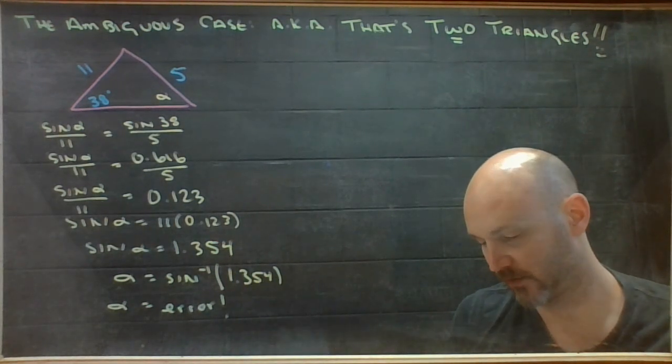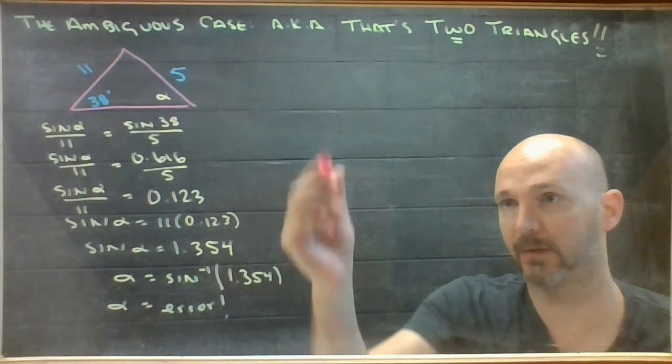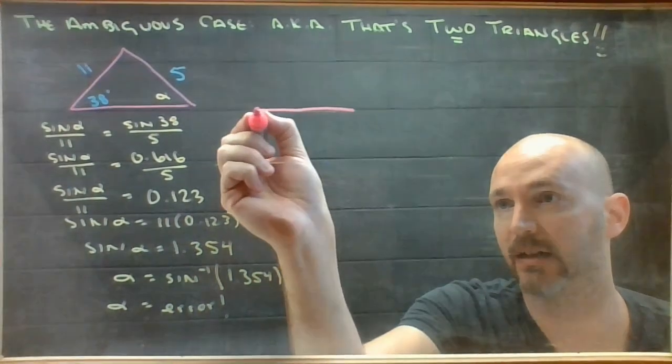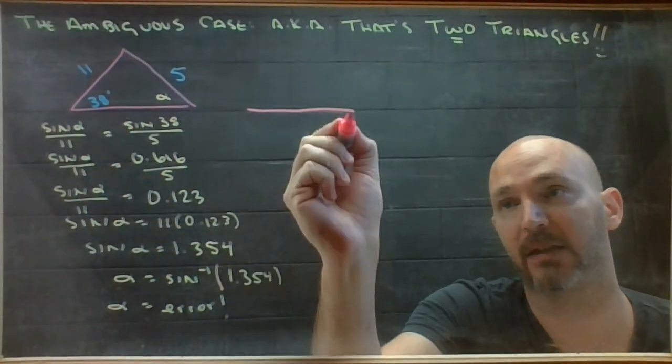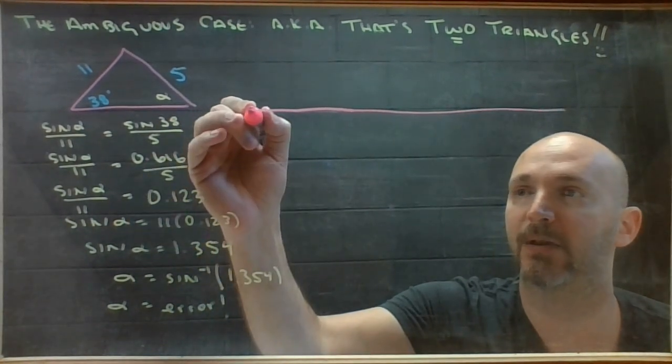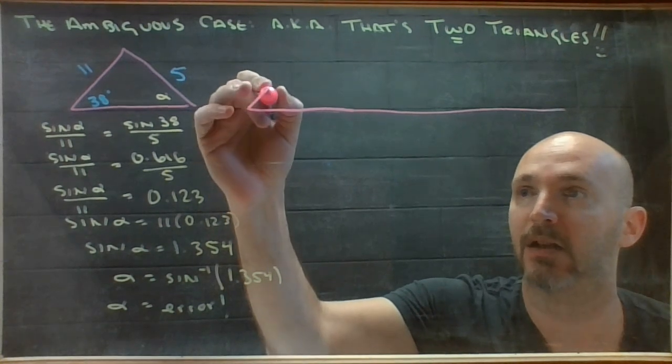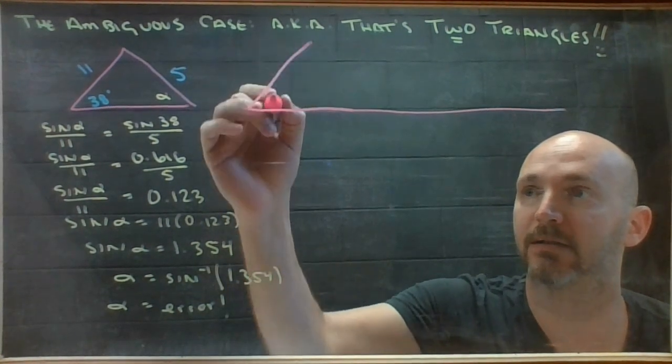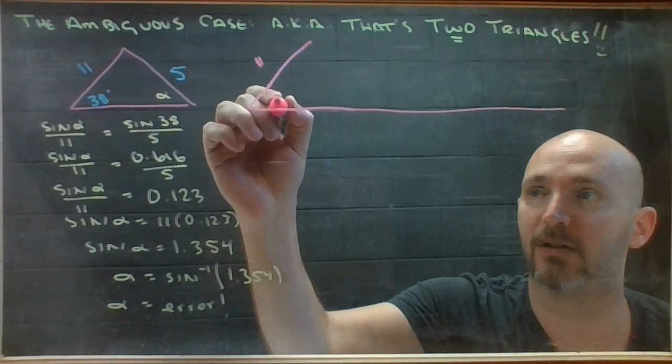If I were to try and draw it to scale for you, you have a side here of unknown length. It can be as long as you like. And then at a 38-degree angle, I start drawing something that is 11 units long.